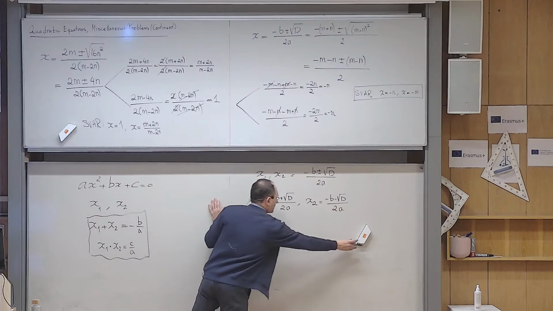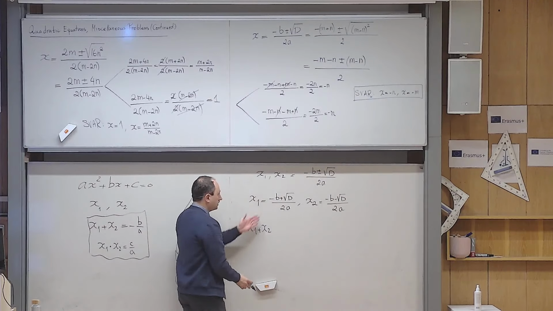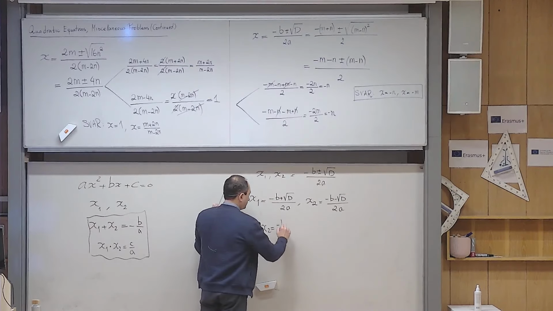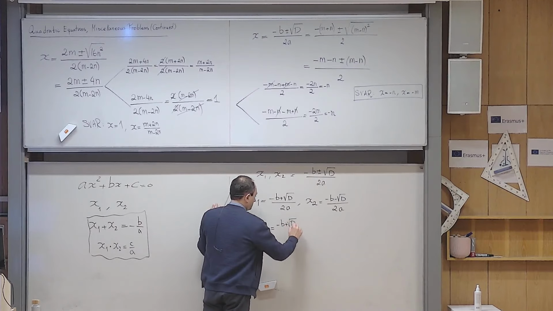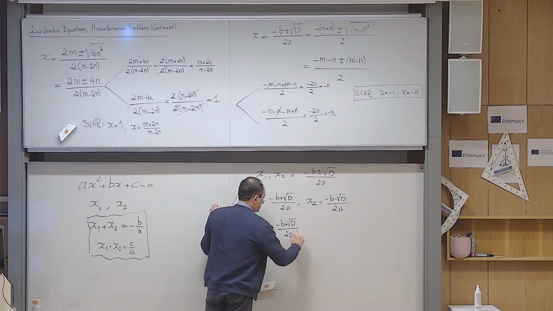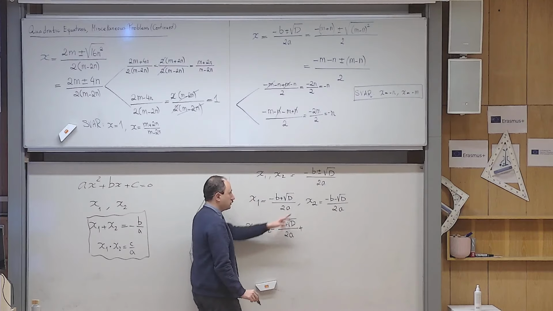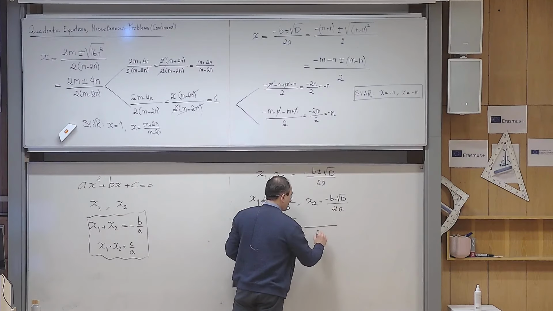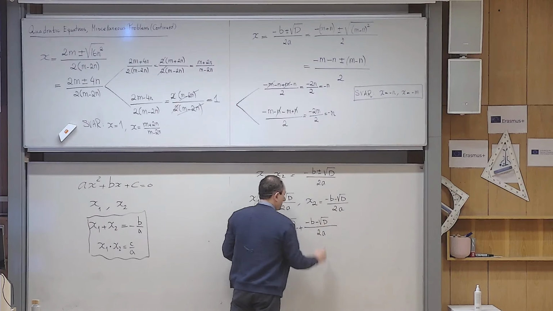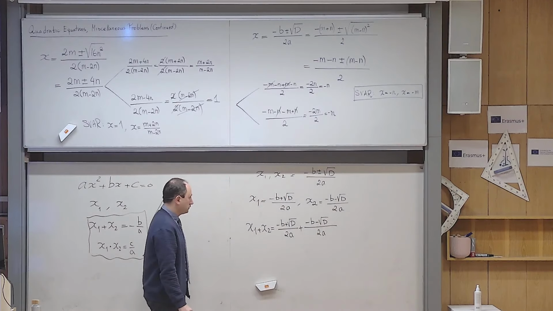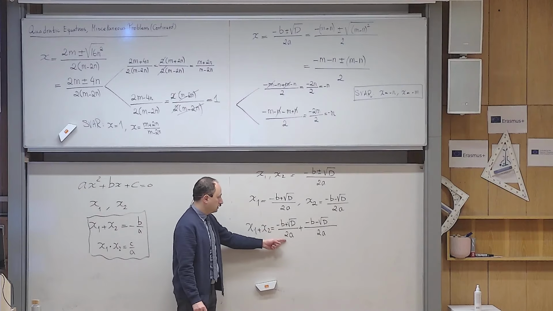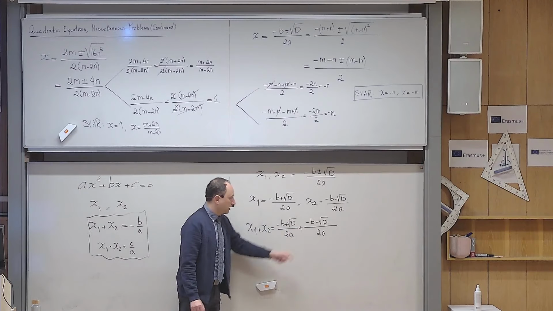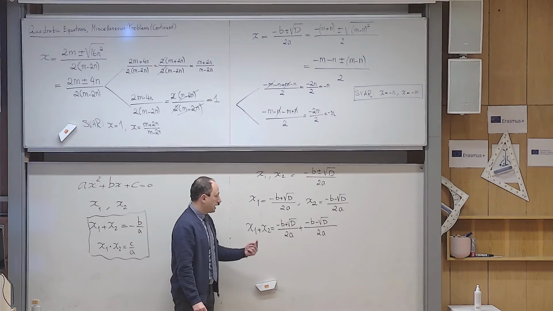Just do the calculation. x1 is this one, plus x2 is this one, or the other way around, it doesn't matter. Okay? But you know what to do. I have a fraction. I want to add it to another fraction. The first thing that I have to ask, are the denominators the same?